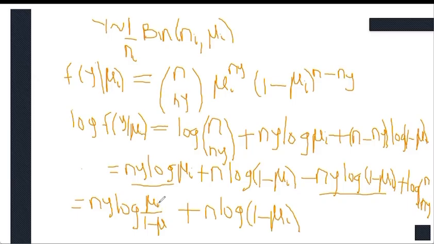Don't forget, I also have mu_i. Then lastly, I'm going to have log of n combination ny.